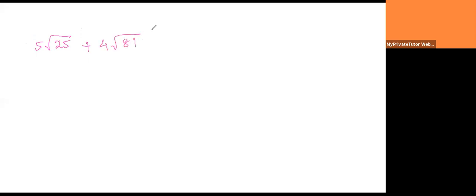So is it possible to find the answer in a single term or a whole number? For these questions, we can find it, isn't it? You can see that 5 times square root 25 is 5 plus 4 times 9.